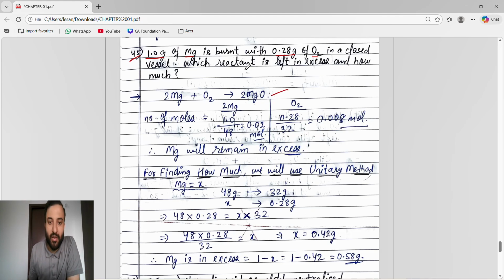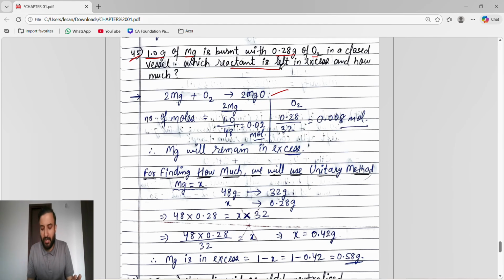If they ask which reactant is left in excess or which reactant is the limiting reagent, we take the two reactants and find the number of moles of the first reactant and of the second reactant. The one present in less is the limiting reagent, and the one present in more is in excess.